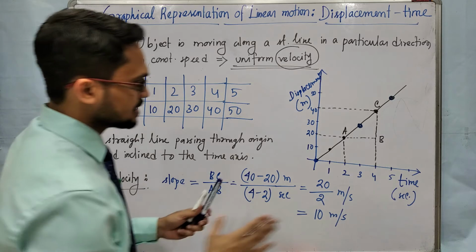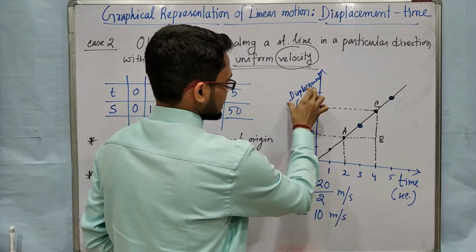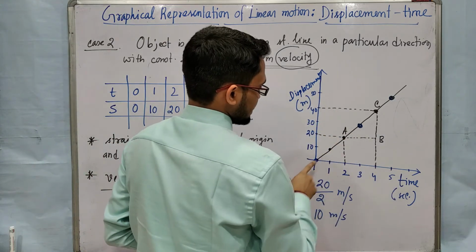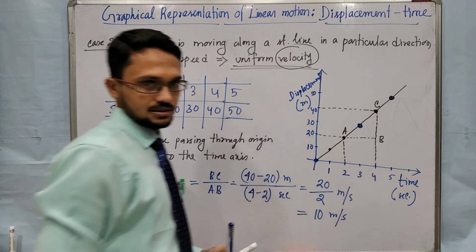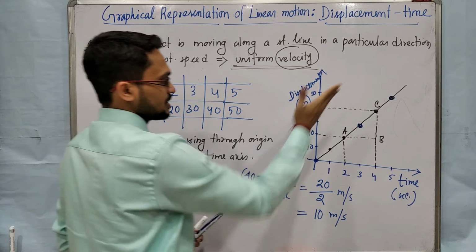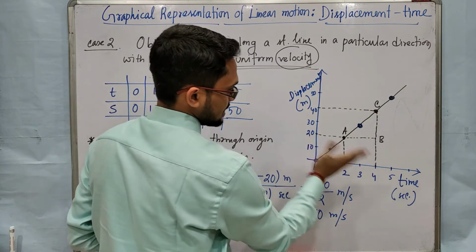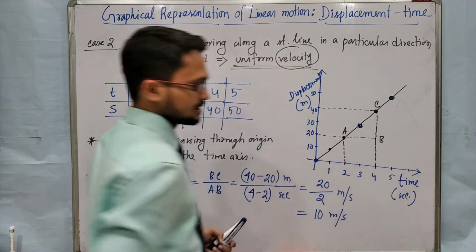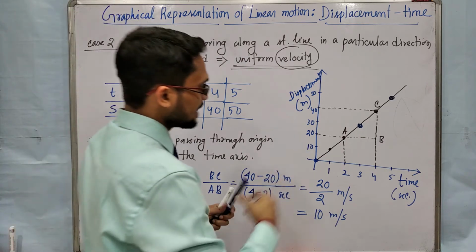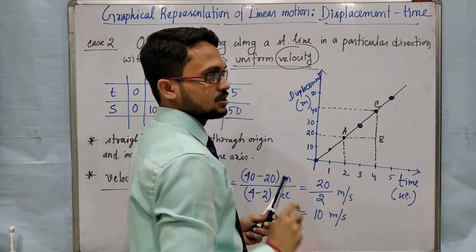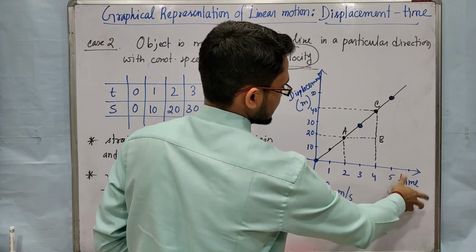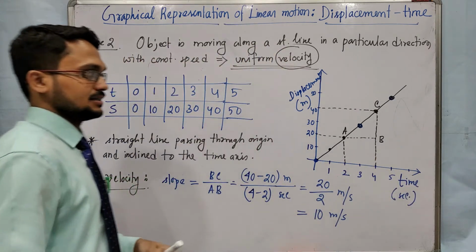Now look at this displacement time graph. Here the graph is a straight line which is inclined to the time axis. Whenever you get this kind of graph, a straight line inclined to the x-axis, the physical quantity along the y-axis will be directly proportional to the physical quantity along the x-axis.